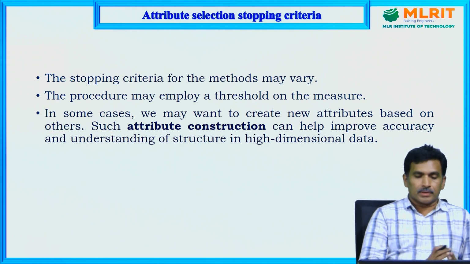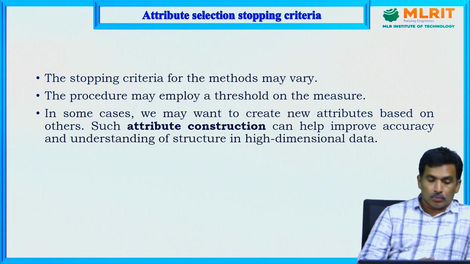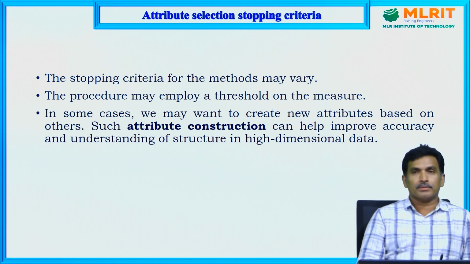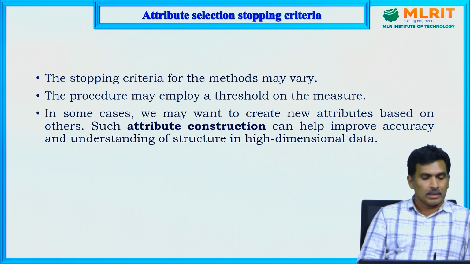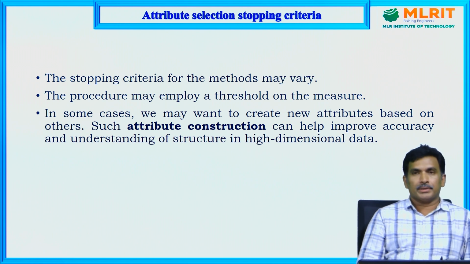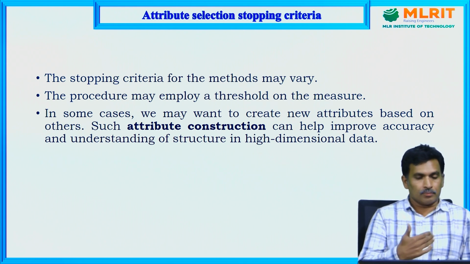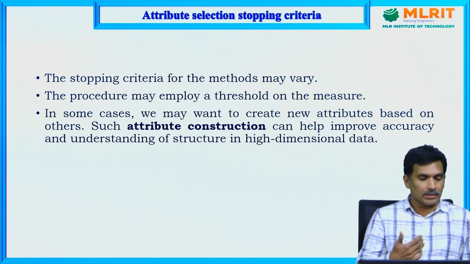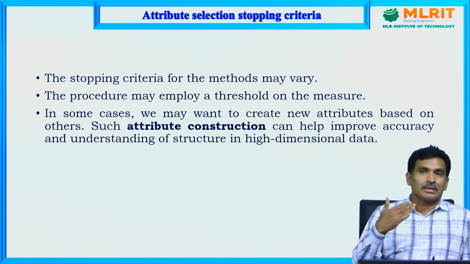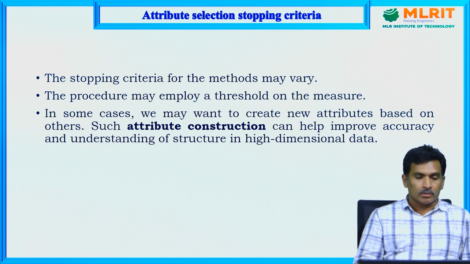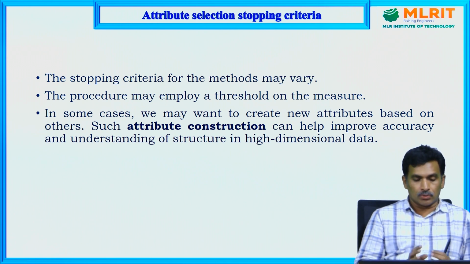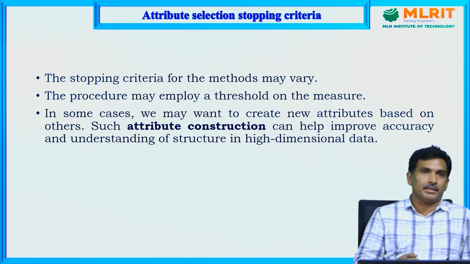So far we discussed mainly the four heuristic methods: stepwise forward selection, stepwise backward deletion, combination, and decision tree induction. But we have to understand where to stop. Whether it is stepwise forward selection, backward deletion, the combination, or constructing decision trees, we should know where to stop the construction or the selection criteria.